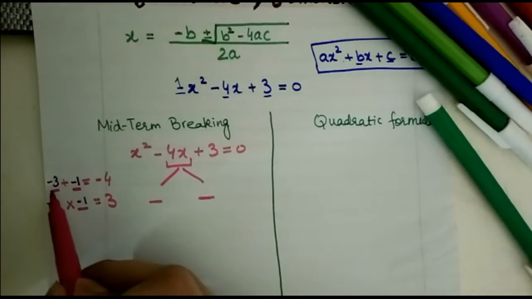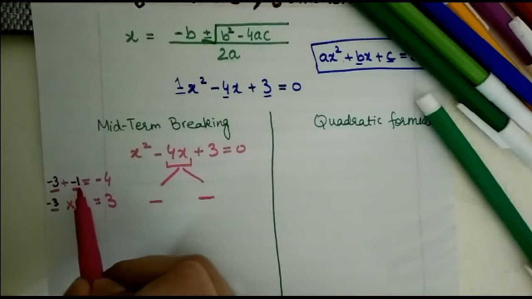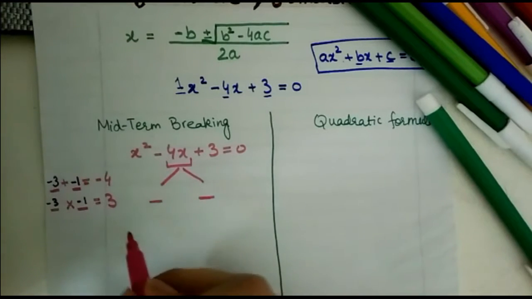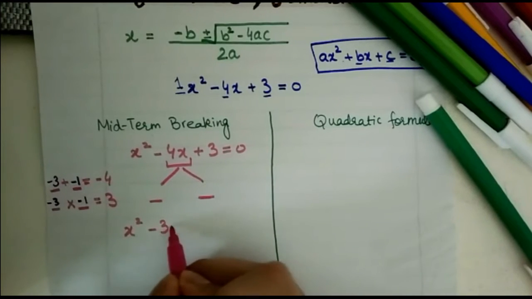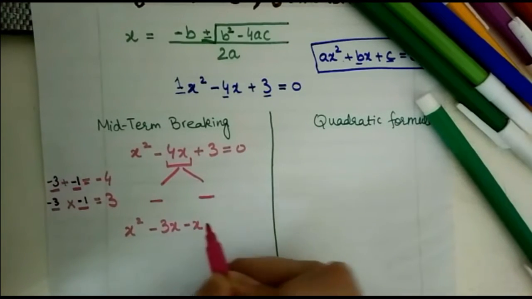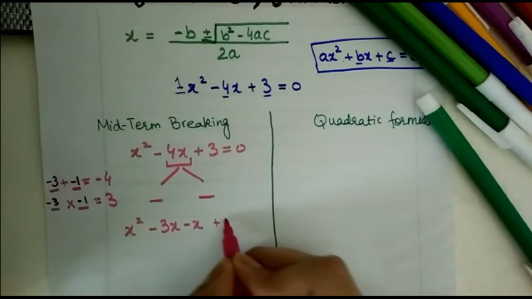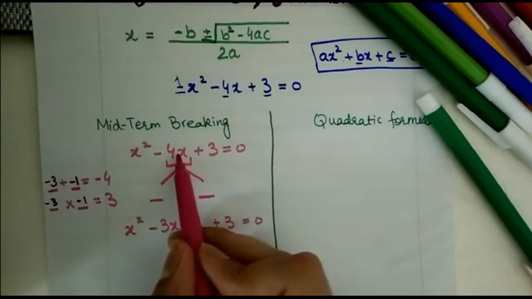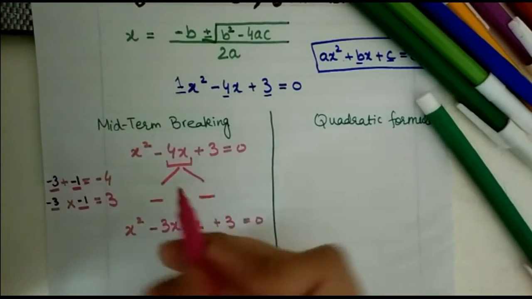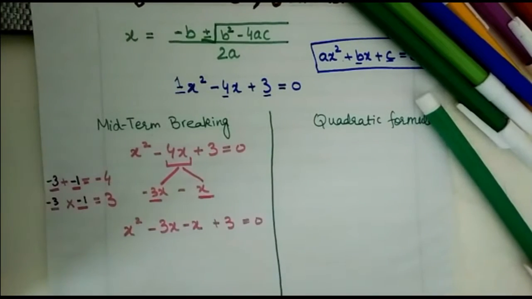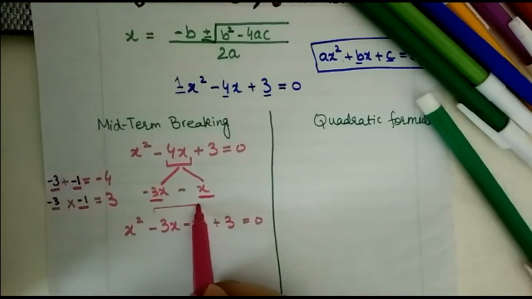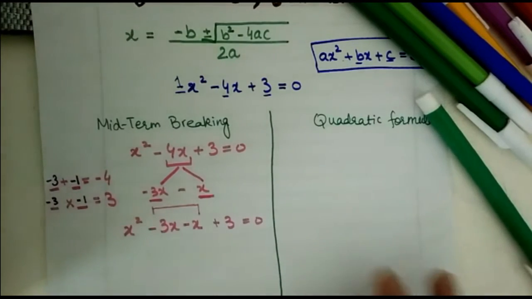So I found that there is a number minus 3 and minus 1 over here. So I'll be writing it like this: x square minus 3x minus x, and bringing it down, plus 3. I changed this 4x into minus 3x minus x. This is the new thing I introduced over here.